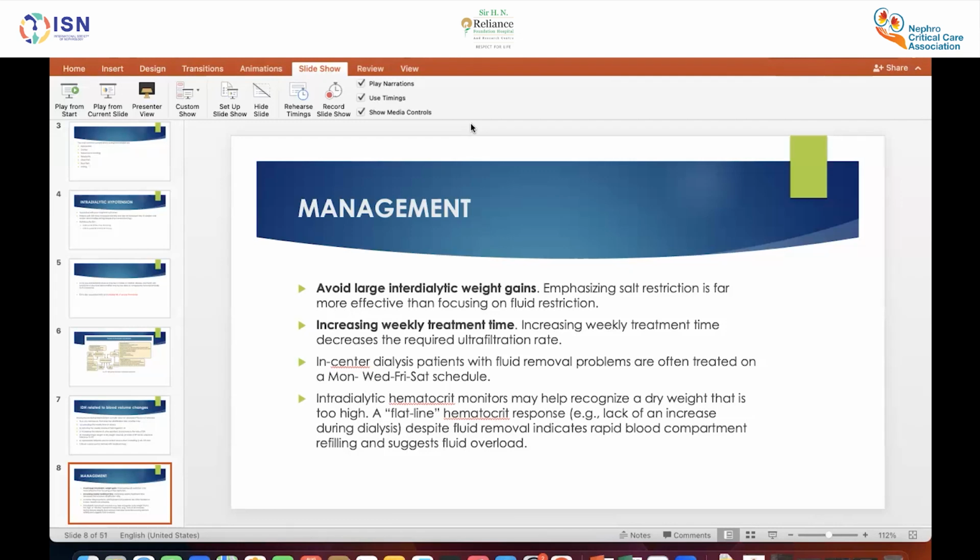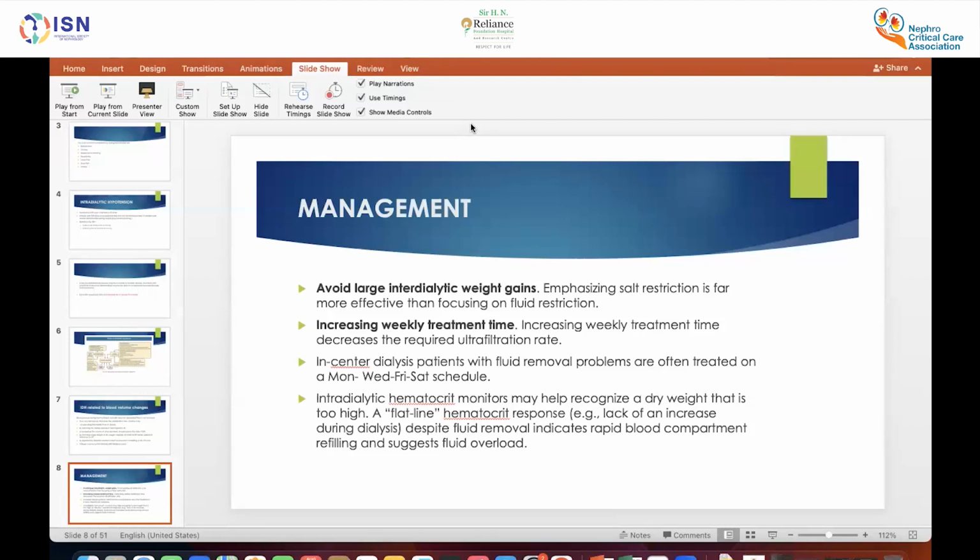If you want to take out the same ultrafiltration but with increased duration, then proportionately the rate will also be less. So that is what it is saying.